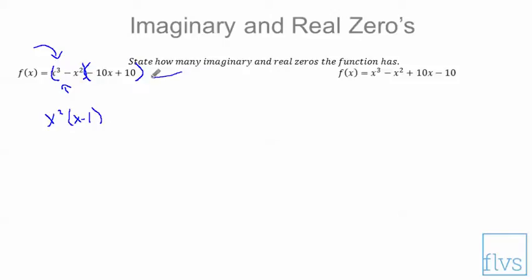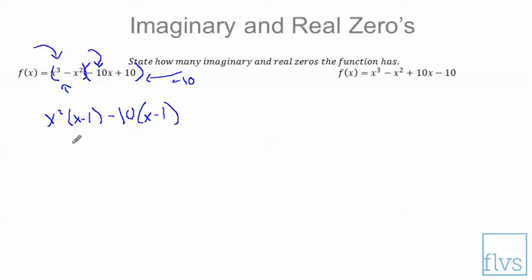Then my GCF on this side is negative 10. Remember that if the first number is negative, you will always take your GCF out as a negative. I'm going to take out a negative 10, and that will leave me x minus 1.